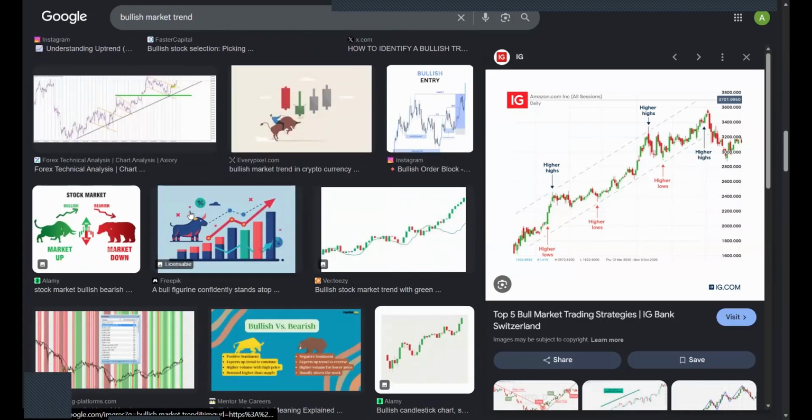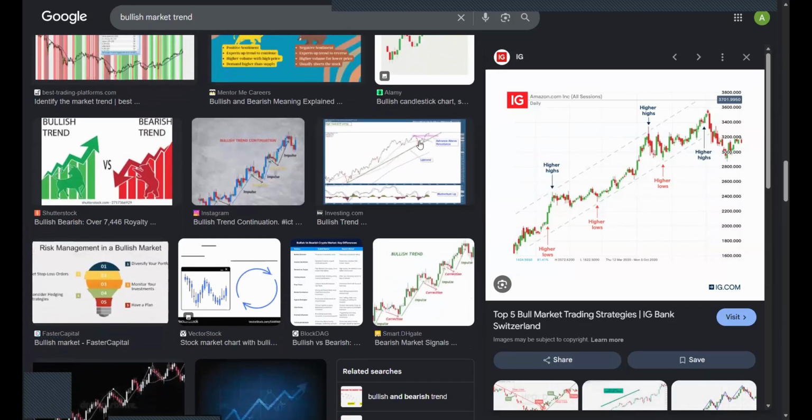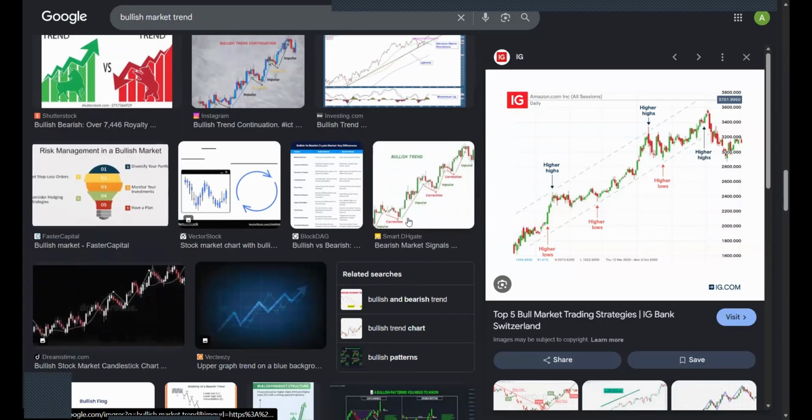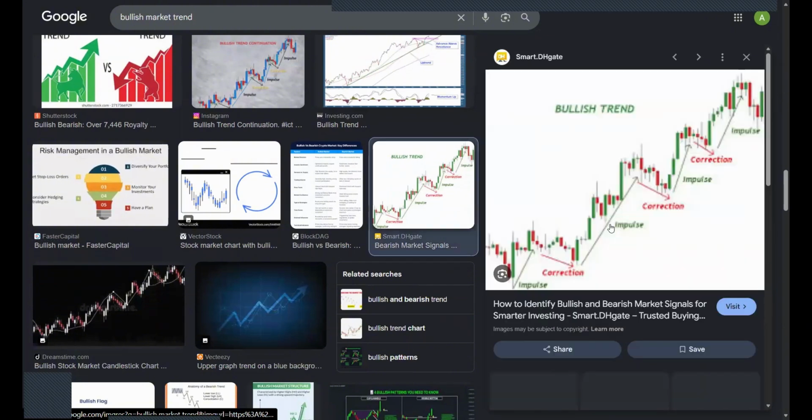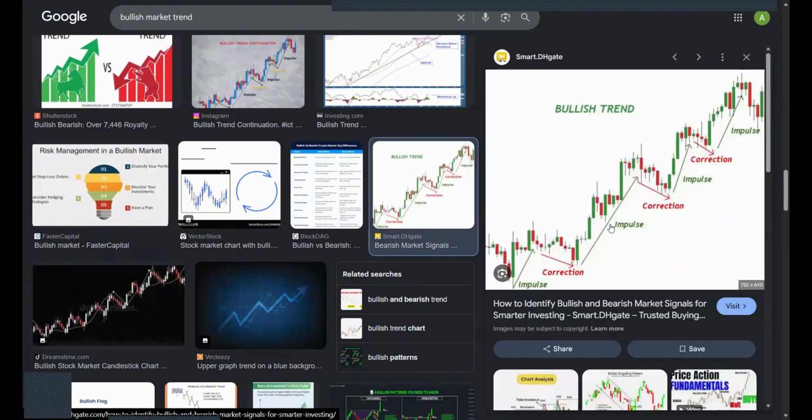Don't worry, I'll confuse you a bit. So you can see this is a bullish trend. Price is bullish, goes bearish, bullish, goes bearish, bullish, bearish, bullish. That's what everyone says.